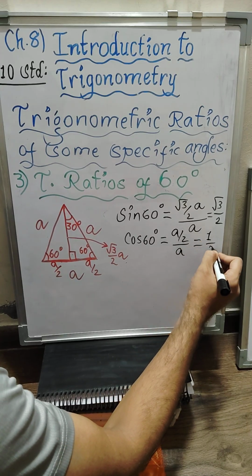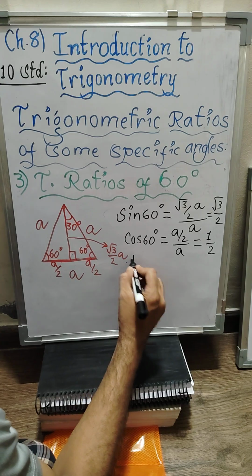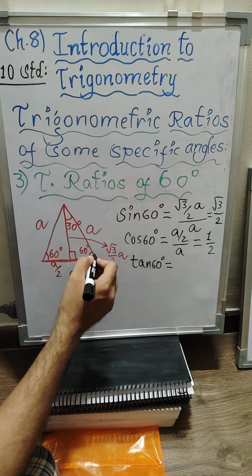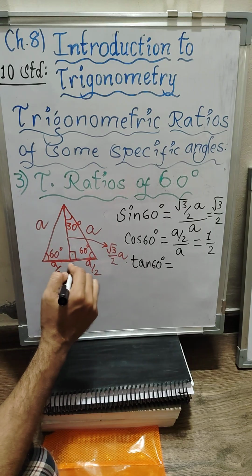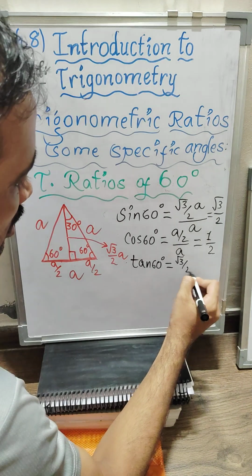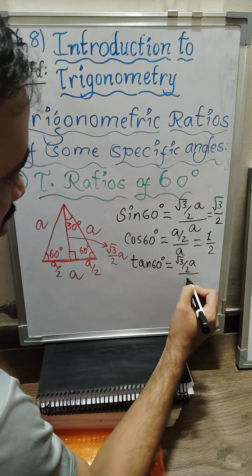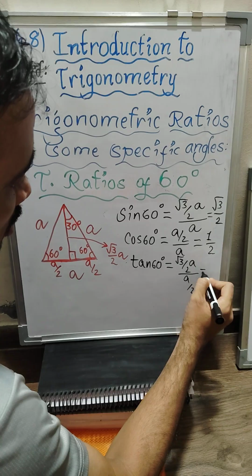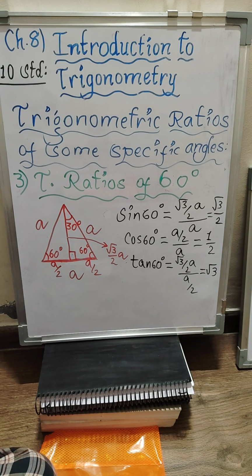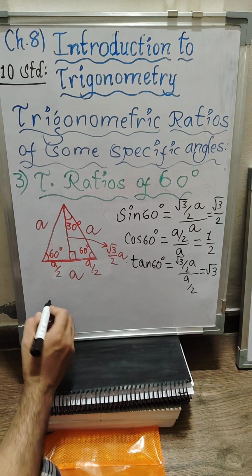Next, cos 60 degrees is equal to adjacent by hypotenuse, a by 2 by a, whose value is 1 by 2. Next, tan 60 degrees is equal to opposite by adjacent. Opposite is root 3 by 2 a by adjacent a by 2, whose value is root 3. We know the reciprocals of these again.